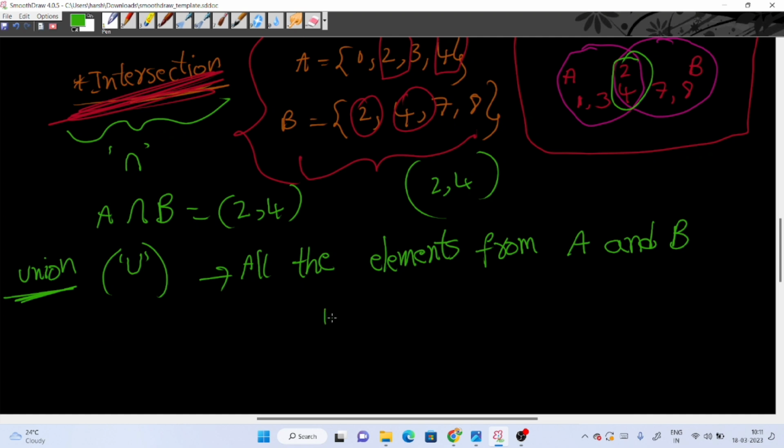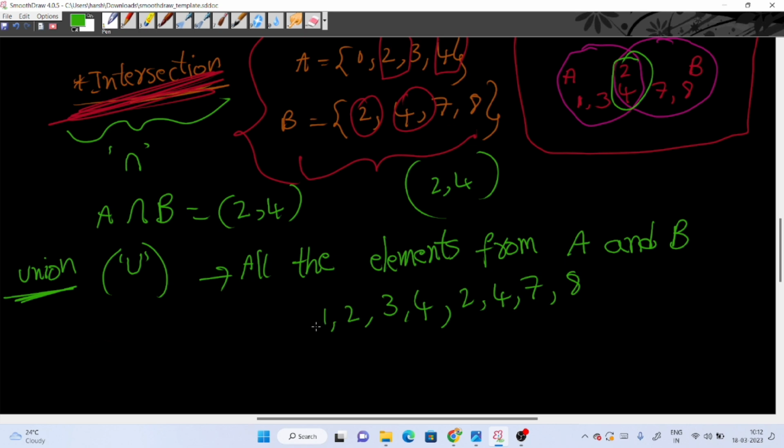In A we have 1, 2, 3 and 4, and in B we have 2, 4, 7 and 8. In this, if an element is repeating, just remove that element.